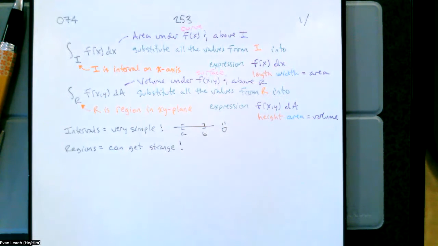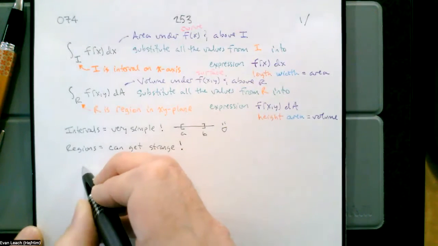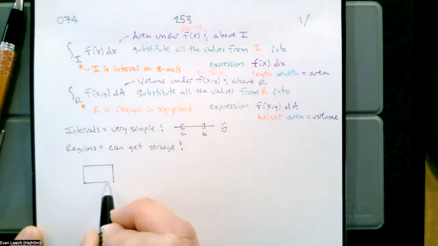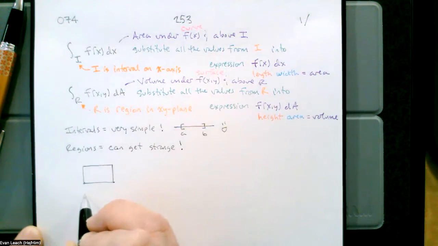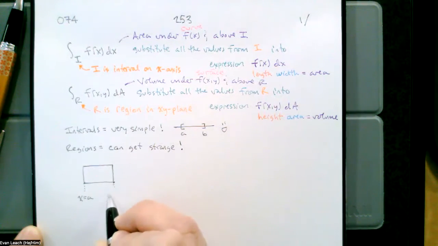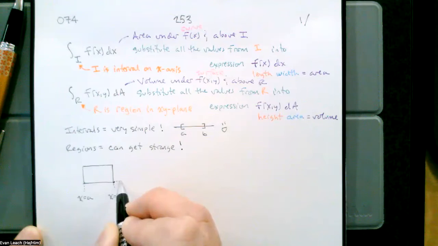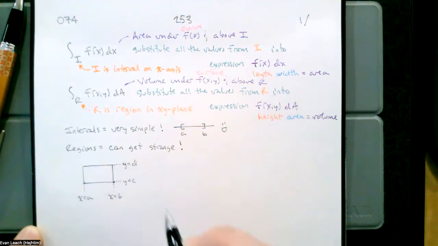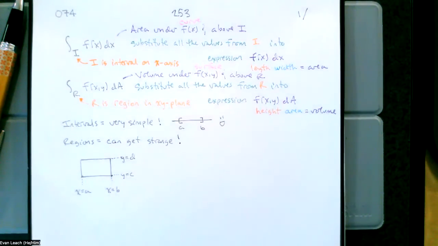Regions can get weird because we don't just say start here and end here. We don't just need a start and an end because we have two dimensions to work with. A region could be a rectangle. That would be our simplest case because a rectangle is just two intervals. So that's not very strange.